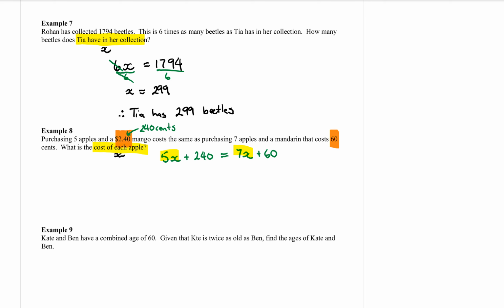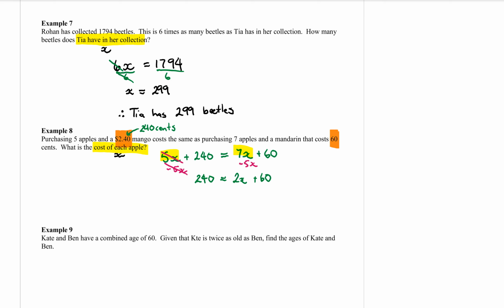To move it, I need to do the opposite. It's positive 5x, I need to subtract 5x. Cancel that whole term off. Now that's going to leave me with the 240 equals 7 take away 5 is 2x plus I have the 60.